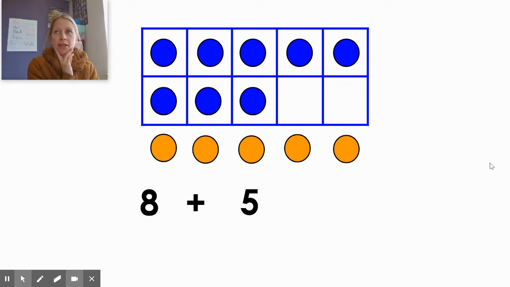So if I want to figure out this equation quickly, I'm trying to think of a way I can do that. 8 plus 5 equals, well, let's count. 1, 2, 3, 4, 5, 6, 7, 8, 9, 10, 11, 12, 13.